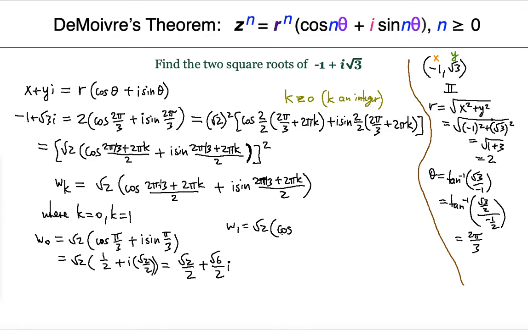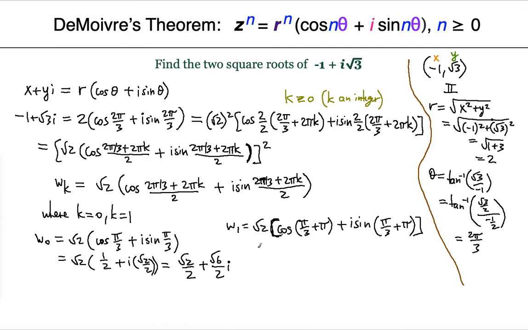So we will have pi over 3 plus pi k. So basically when k is equal to 1, pi over 3 plus pi, right? So cosine of pi over 3 plus pi, that's the result we get, plus i sine of pi over 3 plus pi.